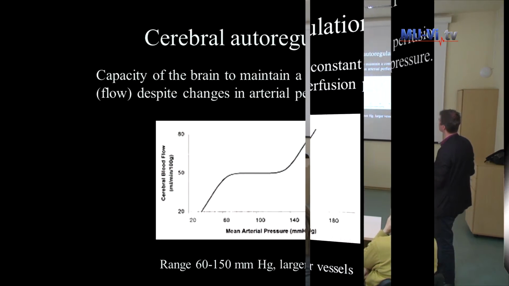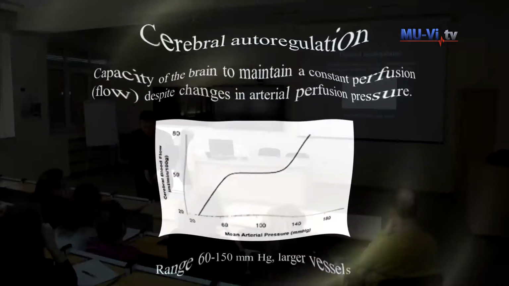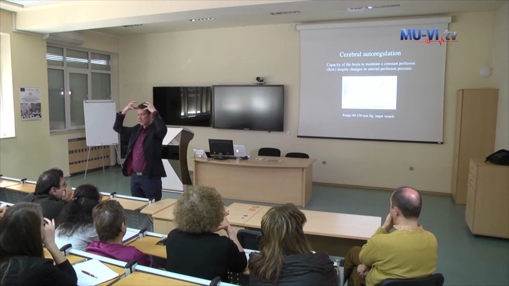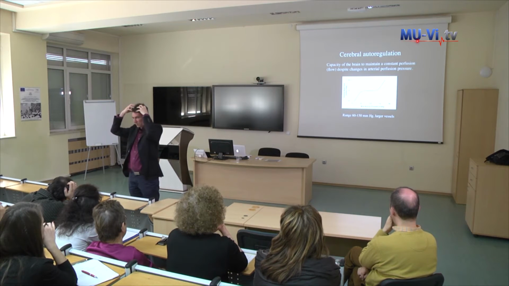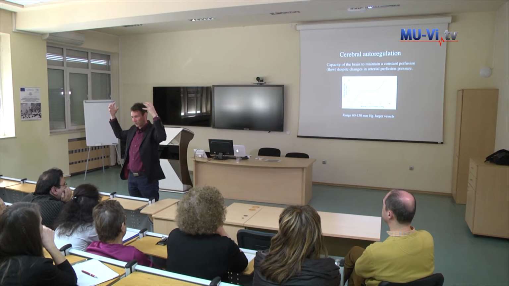And then I have to introduce the so-called cerebral autoregulation. This means that the perfusion of our brain, which just means the blood flow of our brain, is constant in the physiological range of the blood pressure. This is very important. Why? Our brain is inside the skull. It's a closed box construction. There's no possibility to expand the volume.